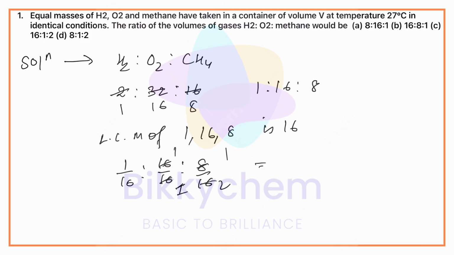So it is 16 and 1 by 2, which means 16 ratio 1 ratio 2. So our answer is C.